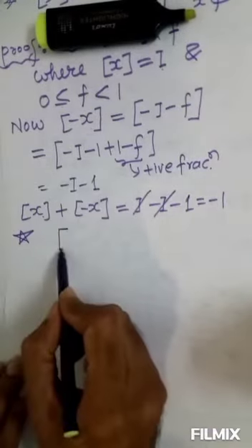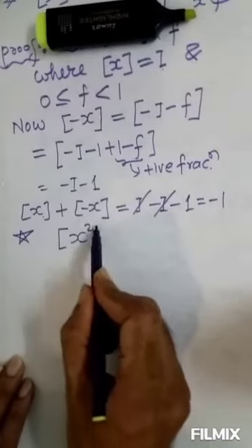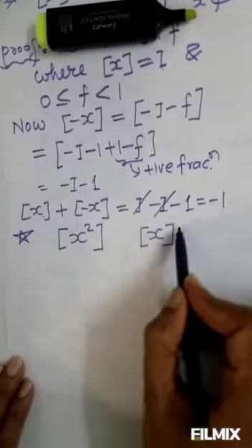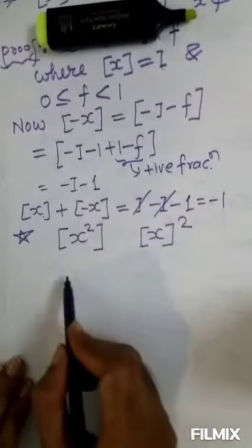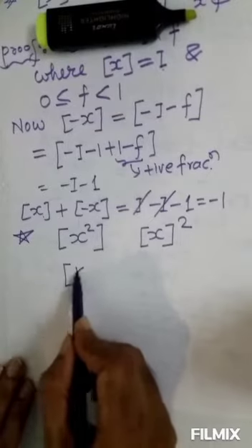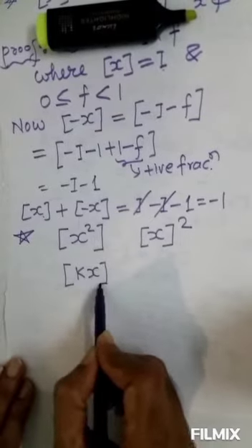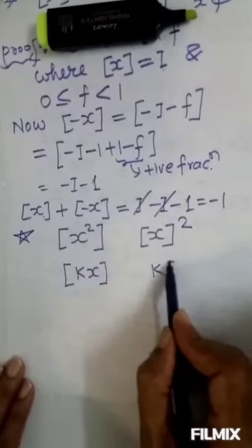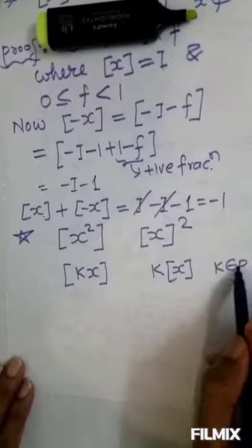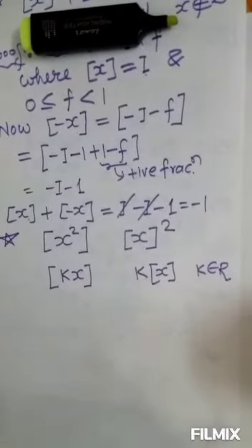Let me write a few things like greatest integer of x square and the square of greatest integer x. Then the next is greatest integer of kx and k times greatest integer x, where k is any real number.